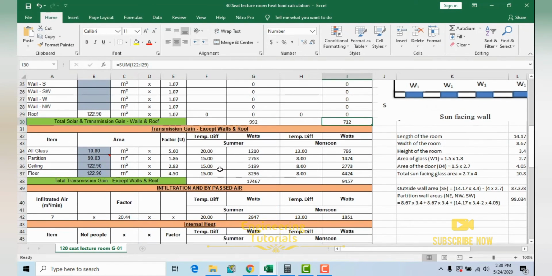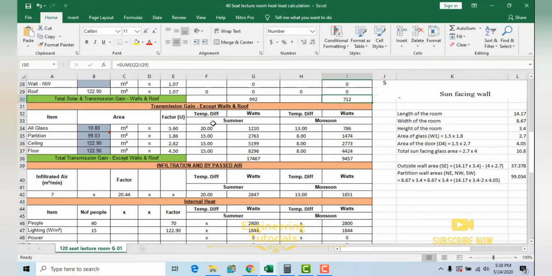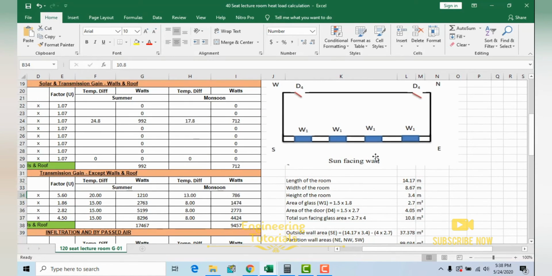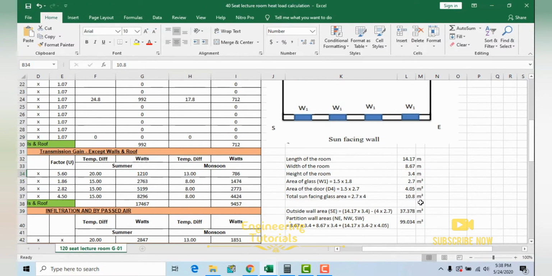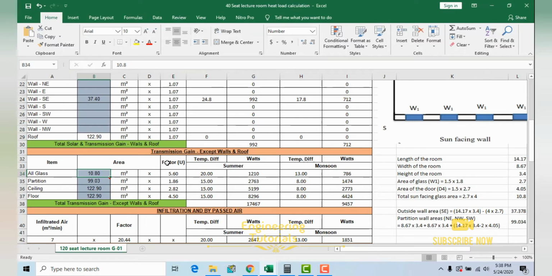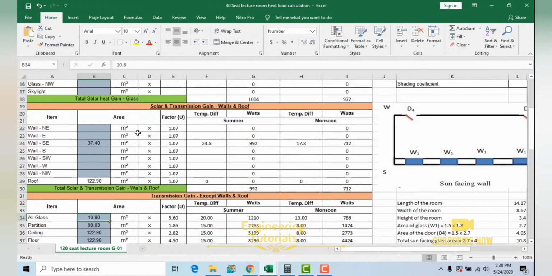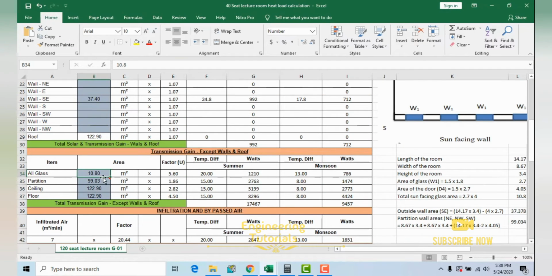Now transmission gain except walls and the roof. All glass area we have here is 4 glass, 2.7 into 4, 10.8 square meter. First we calculate the transmission gain for the glass. 10.8 is the area of the glass.